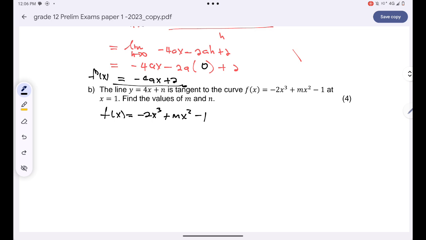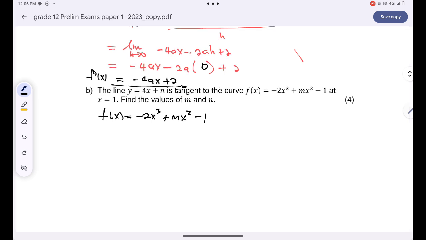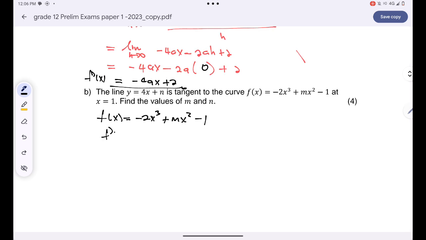Remember that, guys, the derivative of a curve is always equal to the gradient of a tangent at a specific point. Are you together? So if I find the derivative over here, I'll end up having negative 6x squared plus 2mx. I know that f prime of 1 is equal to 4.